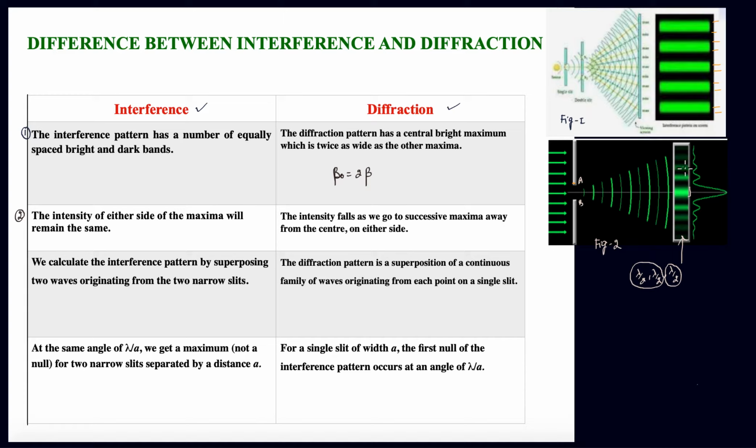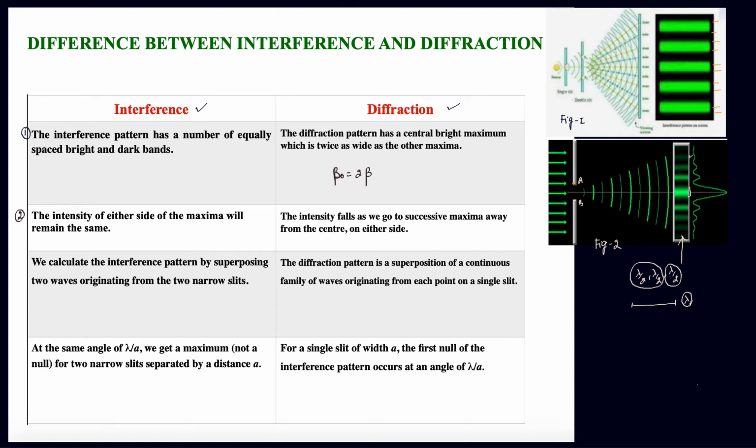For the second secondary maxima, there will be 5 parts of this aperture; 4 will contribute to the destructive interference, and the 5th will contribute to the constructive interference with path difference lambda. And for the third one, the seventh part of this aperture, after division, will only contribute to the constructive interference. So the intensity of these bands goes on decreasing as we go up or down around the central maximum, right?